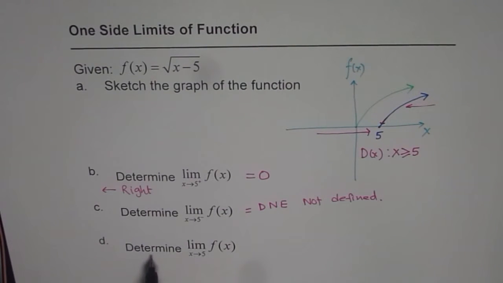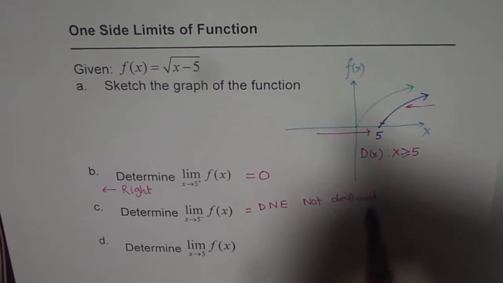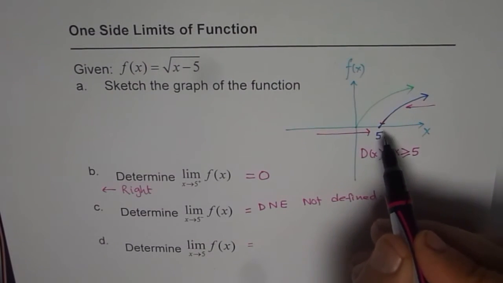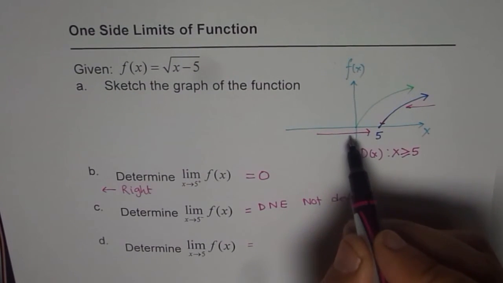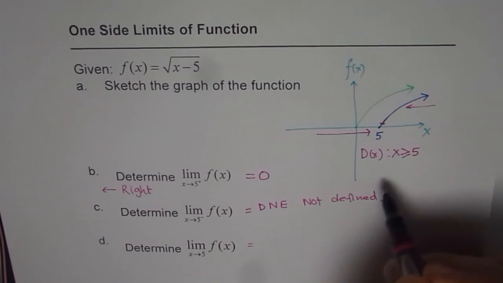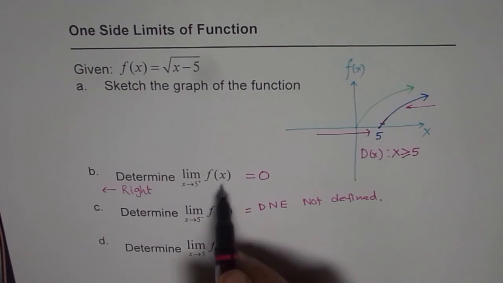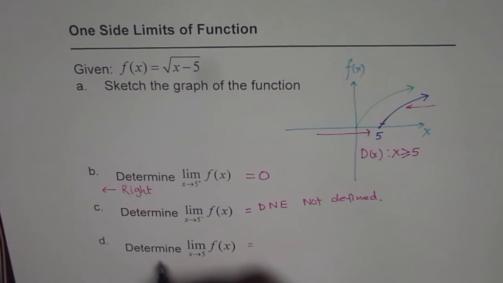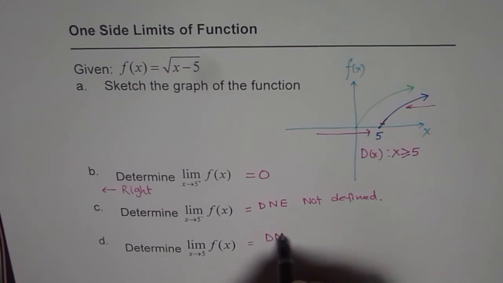Last part of this question is determine limit of the function as x approaches 5. Now whenever we are looking for limit of a function as it approaches a point, we have to see both left side and right side limits. Now since one of these is not defined, or since they are different, this limit also does not exist, correct?